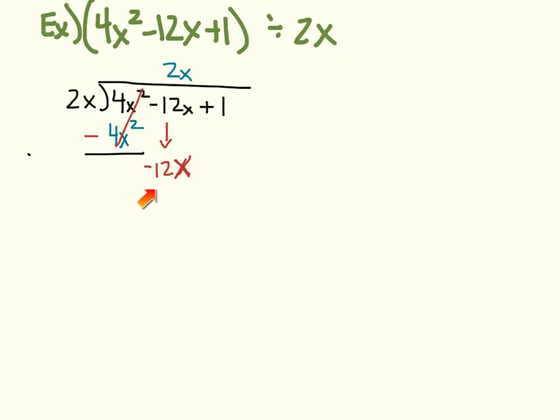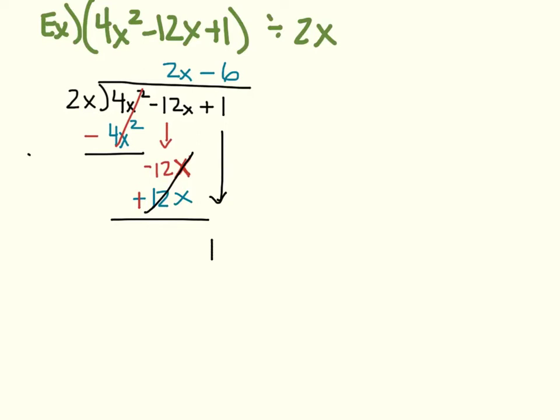I can multiply it by negative 6. So negative 6 times 2x gives me negative 12x. Now, just like last time, I have to change the sign. You always have to change the sign and add, because these need to cancel, and we drop down just this 1.